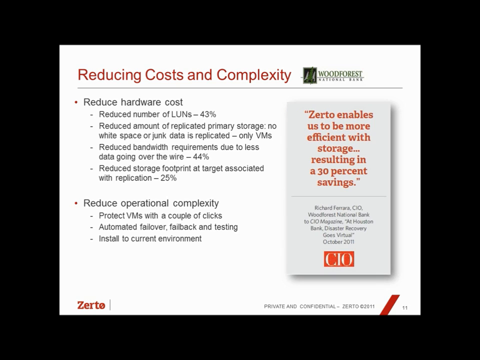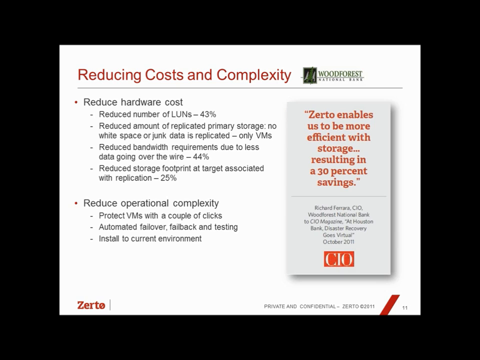So rather than waiting for a hurricane to disrupt their environment, they proactively failed over their environment prior to hurricane season between Austin and Dallas. And then when hurricane season was over, they failed back from Dallas to Houston. They were using an array-based solution, and that required a lot of coordination. It was basically a weekend of prepping the environment and doing the failover, and it was quite intensive.